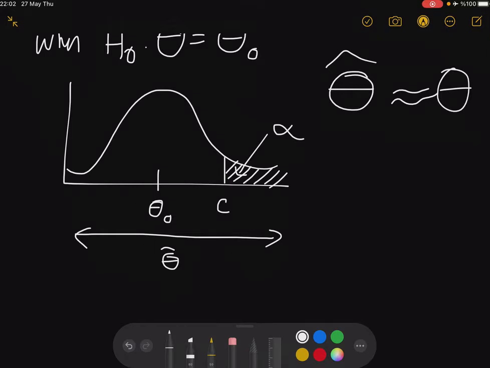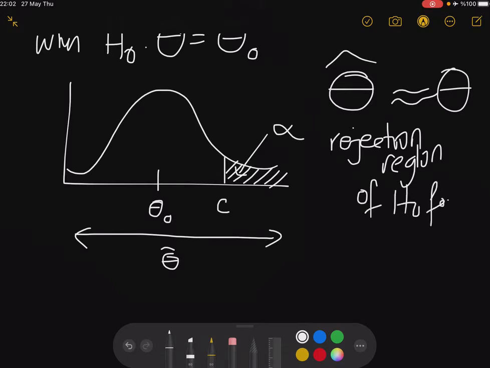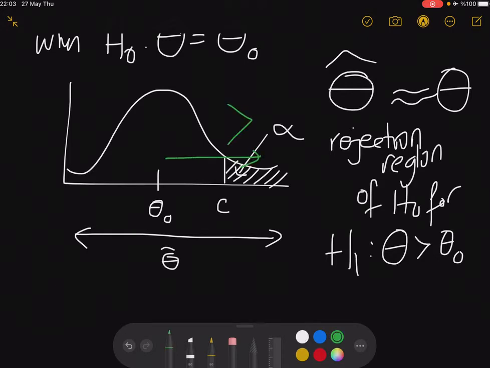This is called your rejection region of H0, for the case where your alternative hypothesis is that theta is larger than theta 0.